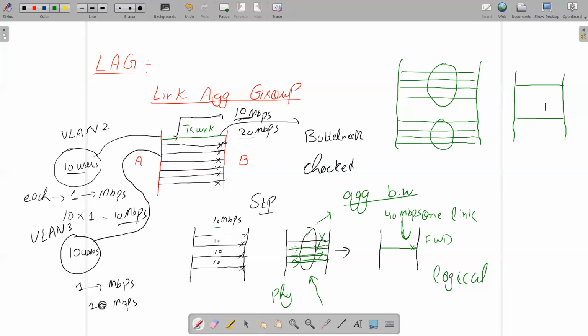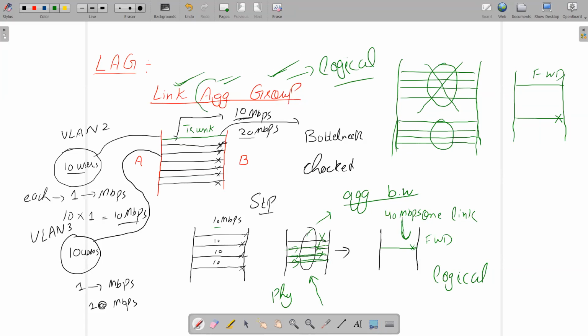And whenever STP finds two links, it puts one link into the forwarding state and the other link into the blocking state. That means if my first bundle totally goes down, then I have another backup as a bundle. So that's the concept of link aggregation group. To aggregate the links into a group, and this group is a logical group.